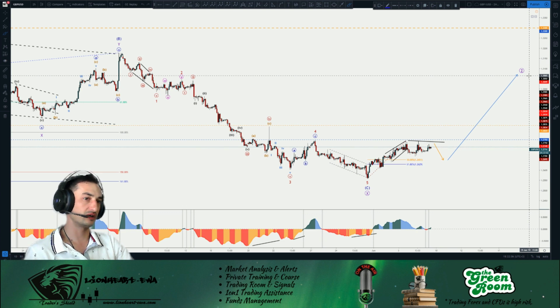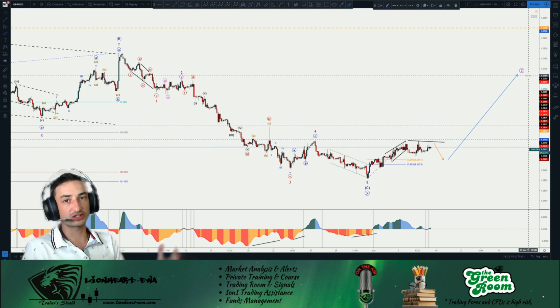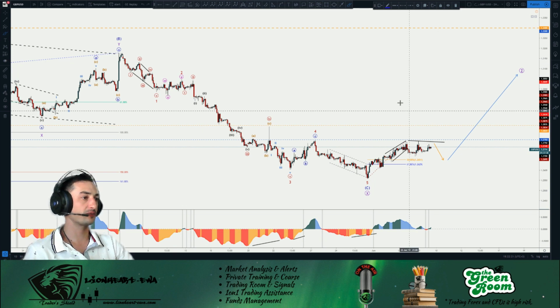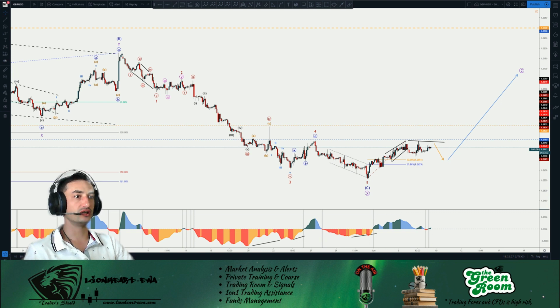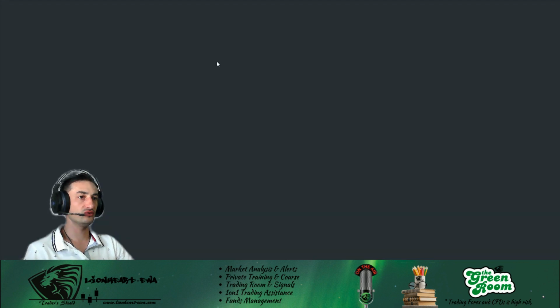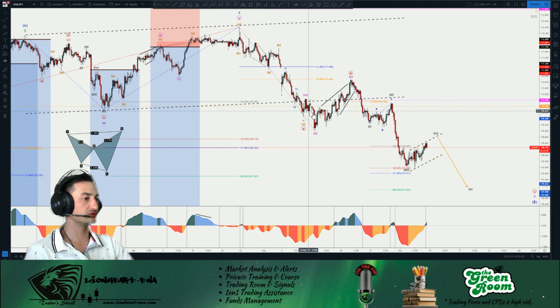I'm expecting the pound dollar to form lower lows in the near term, let's say in the future. But until then, I'm expecting one more leg up. So the euro is showing us that it wants to rally, and also that. So let's just continue with the USD yen, the dollar yen.